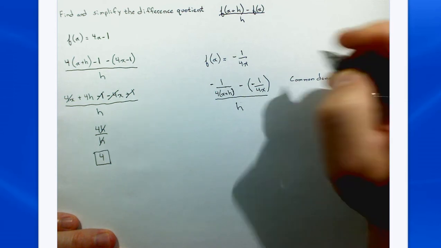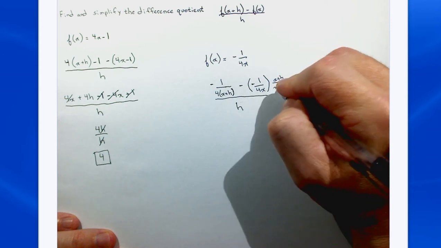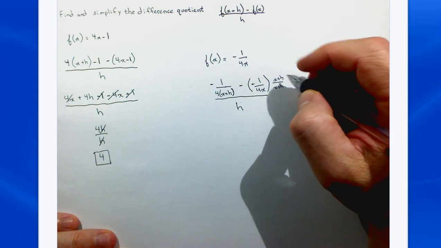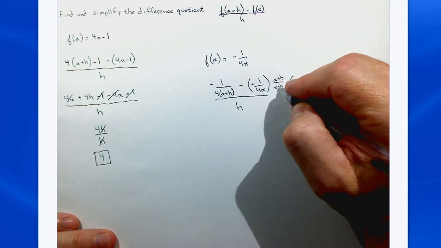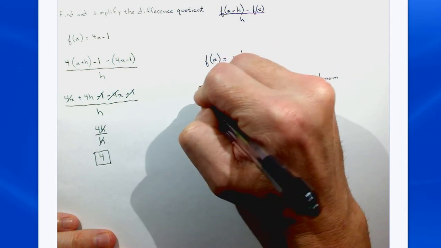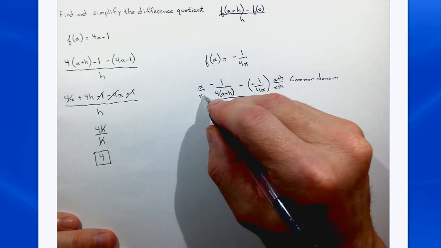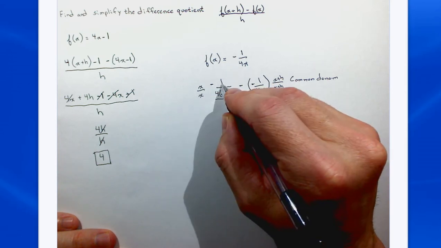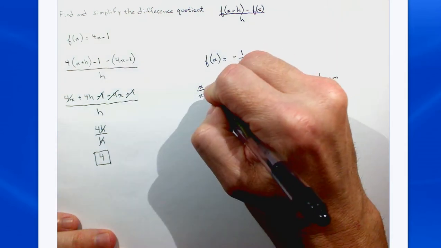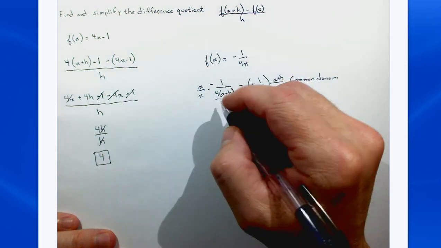How I create that is I'm going to multiply this side by x plus h, and whatever I do to the denominator, I have to do to the numerator. X plus h over x plus h is simply 1. I'm not changing that fraction. And this one I'm going to multiply by x, and x divided by x is simply 1. So I'm multiplying these two sides to create a common denominator.